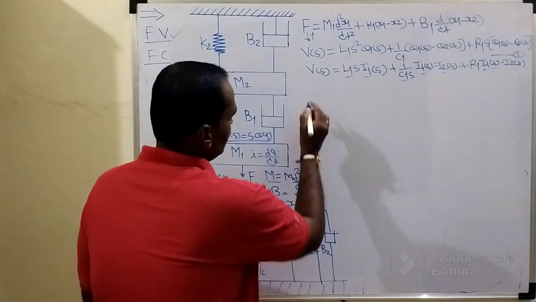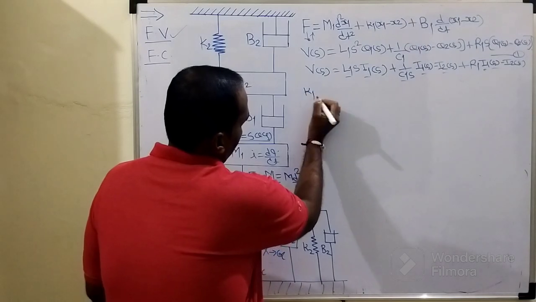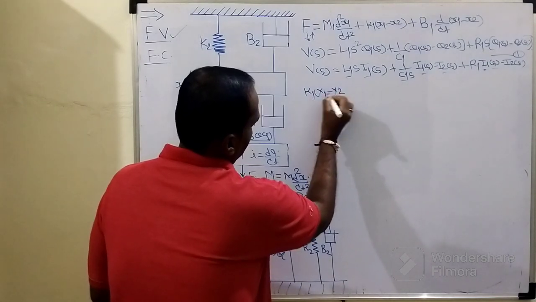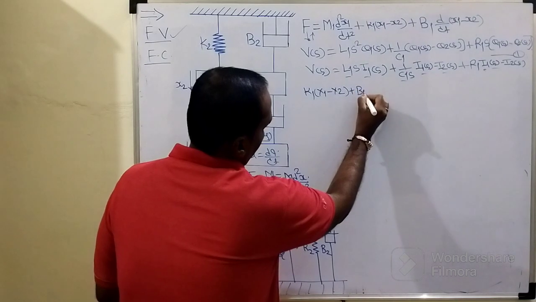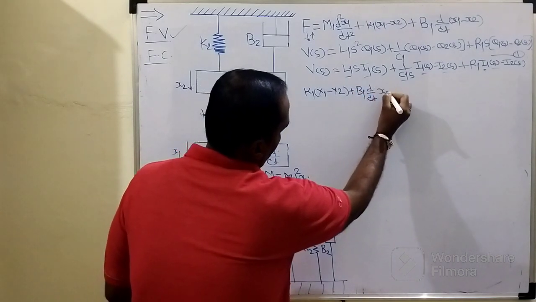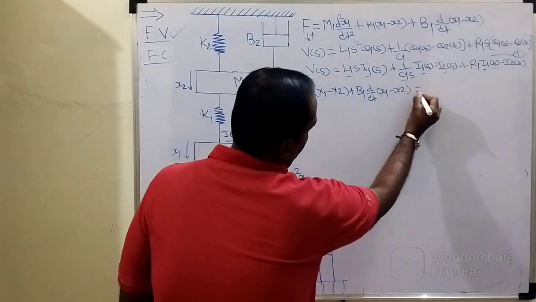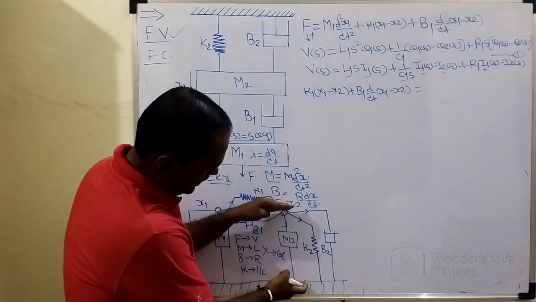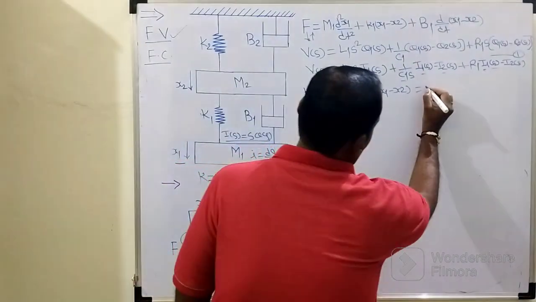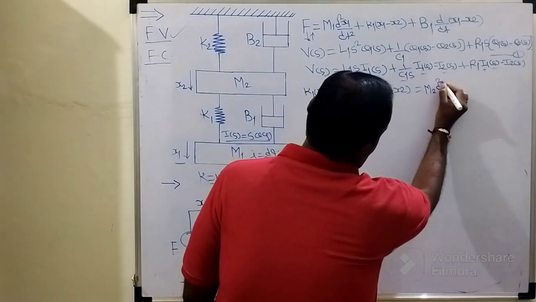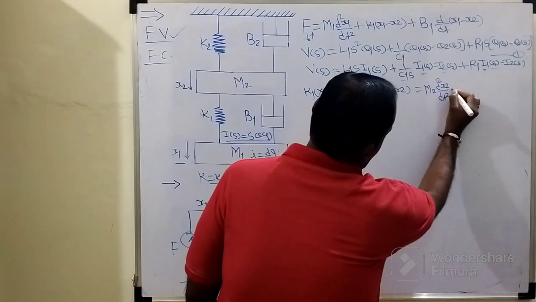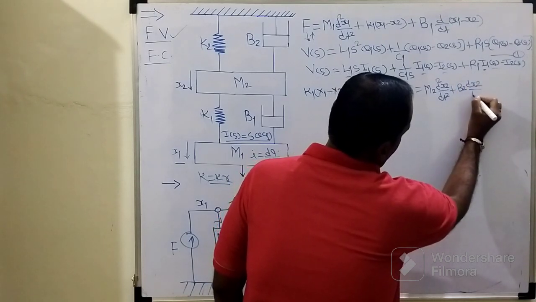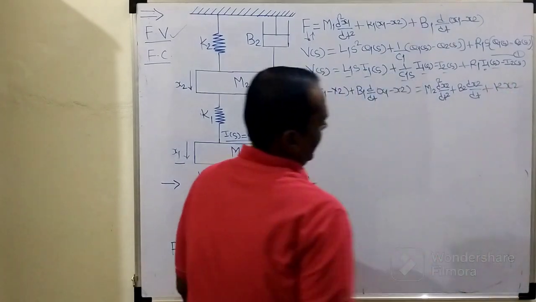So it will become K1 times x1 minus x2 plus b1 times d by dt into x1 minus x2 equals, on the right hand side of this assignment operator, as we have 3 elements associated between x2 and the ground surface, initially the mass, mass number 2, so m2 d square x2 upon dt square plus the damper b2 into dx2 upon dt plus k2 into x2, right?